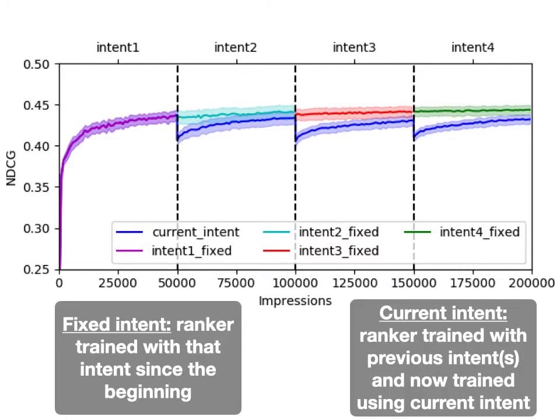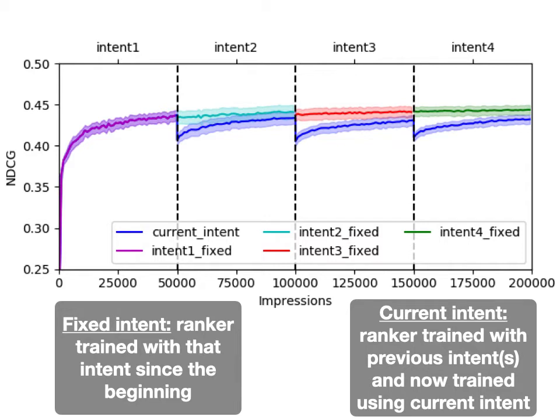Now, we have 2 types of rankers. One is a ranker that has been trained with the intent since the beginning of the interaction, so since interaction 0. So that's the purple ranker, right? There is a single intent. And then it's the aqua ranker and the red ranker and the green ranker.